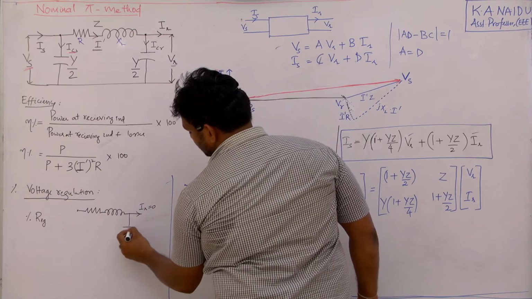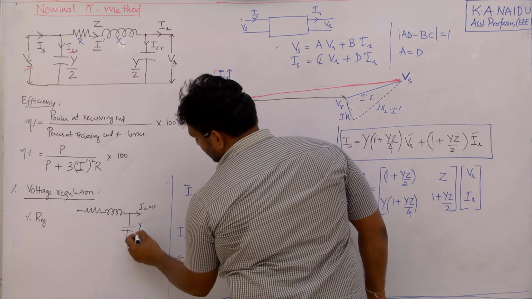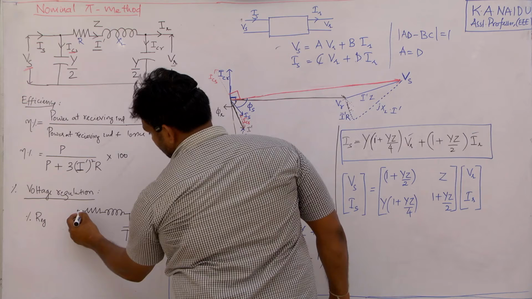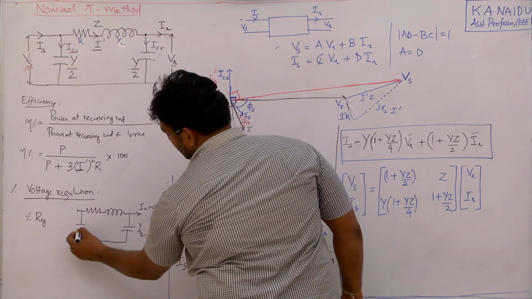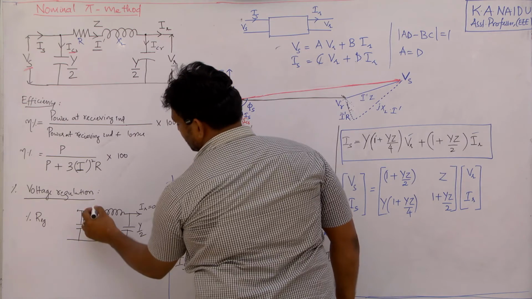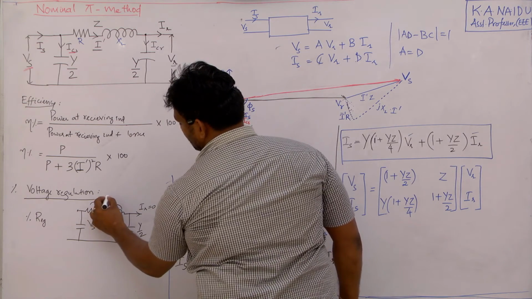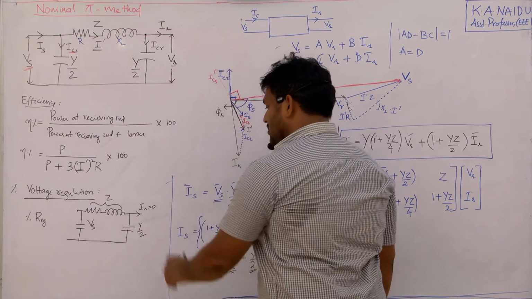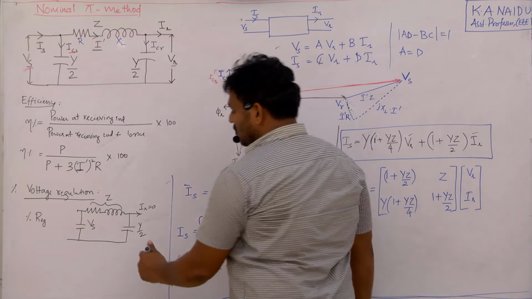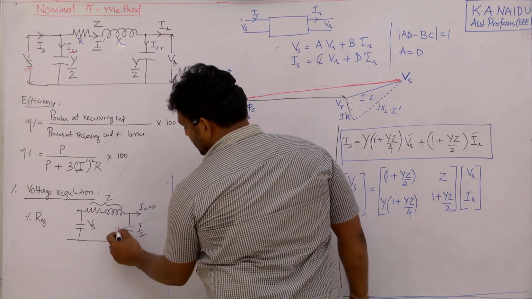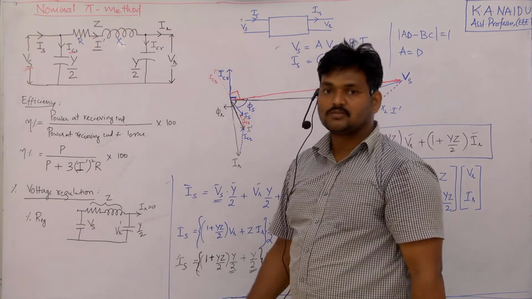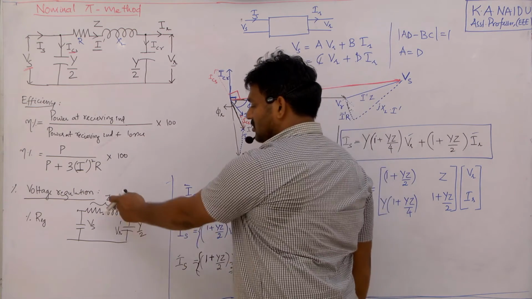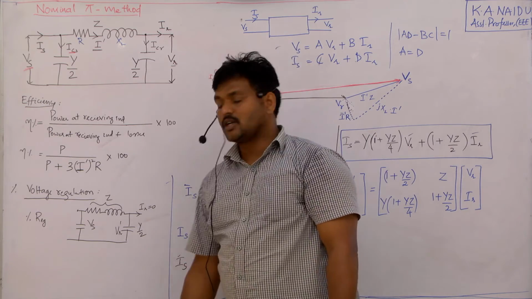So this is the admittance Y by 2, this is admittance Y by 2, and this voltage is Vs, this is series impedance Z, and there is no load, therefore the receiving end voltage at no load is VR dash. Okay, you apply the voltage division rule.